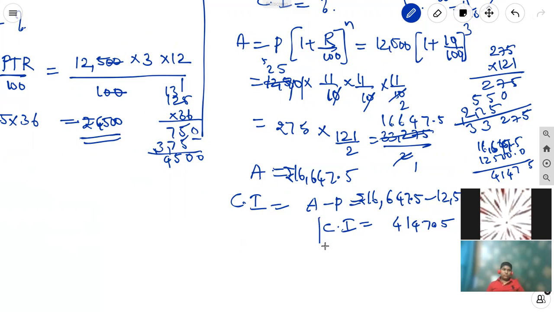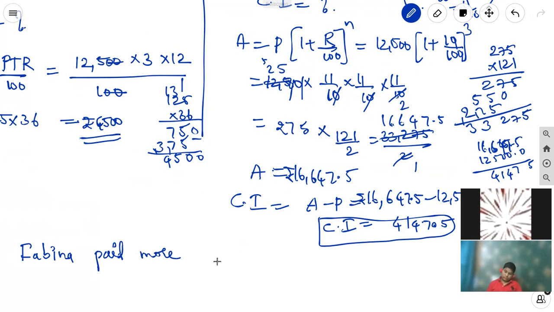It's the compound interest. Who pays more? Fabina paid more interest. That is equal to 4,500 minus 4,147.5.